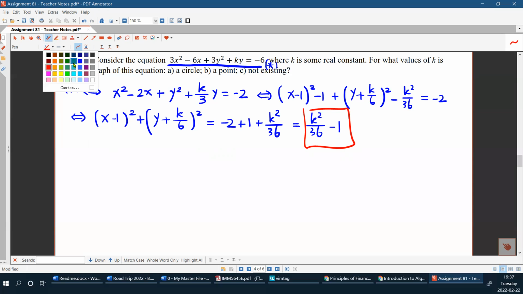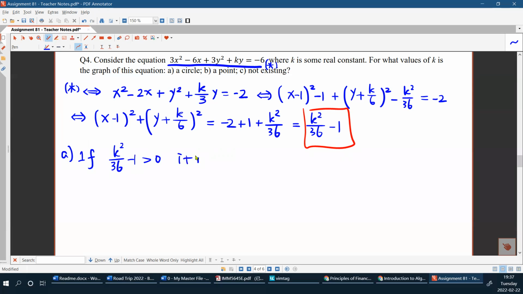So first case, if the right side k²/36 - 1 is greater than 0, it is a circle, right? Which means k²/36 needs to be greater than 1, which means k² needs to be greater than 36.